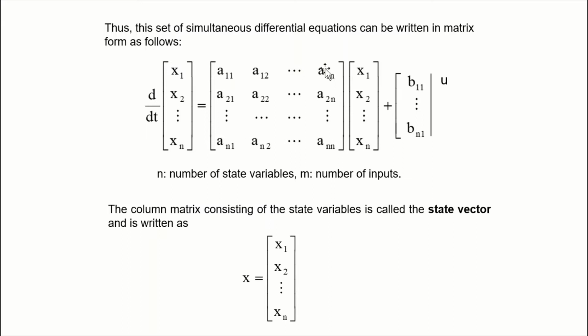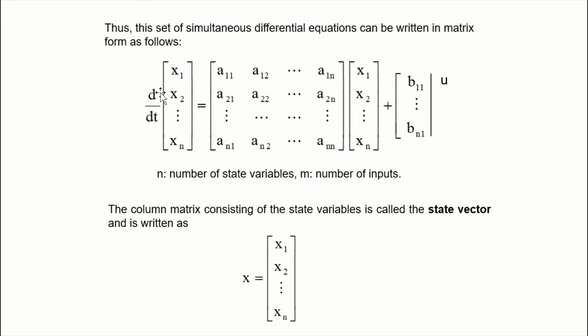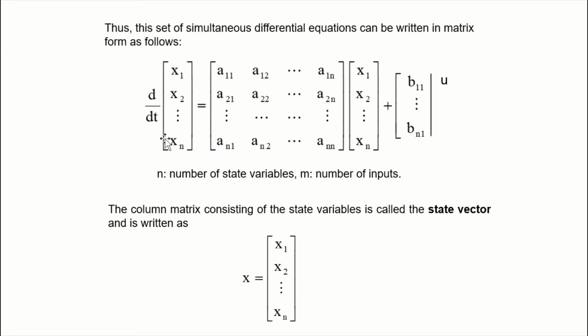That is equivalent to the first line in this equation. The second one is x2 dot, and that would be given by that times that plus the number in there times that, which is that second row. We go all the way down and finally the last row would be given by this one times that. So it would be that times that plus that times that, and so on.